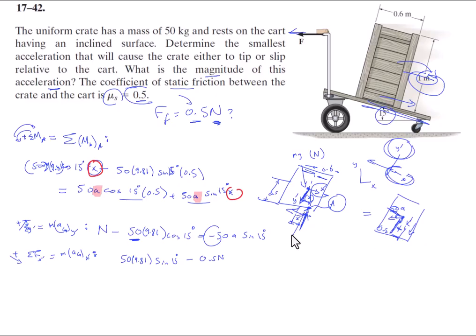So normal is this way, and it's resolved into this component and this component. So this will be a negative sign. And these are equal to minus 50a, acceleration unknown, cosine 15 degrees.